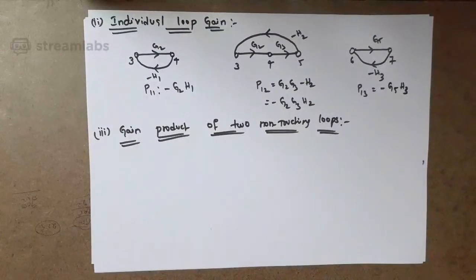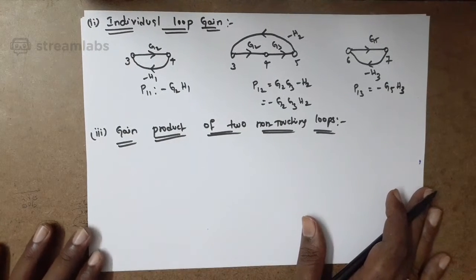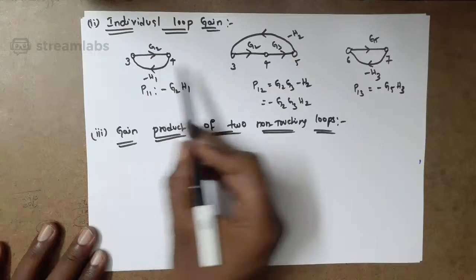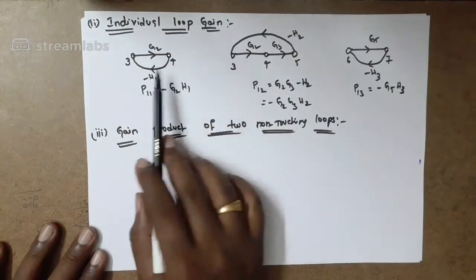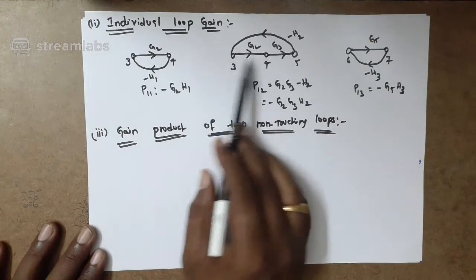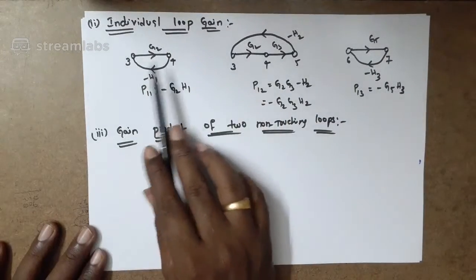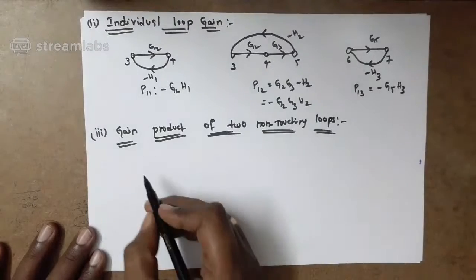We have three individual loops. Is there any non-touching loop here? 3, 4 and 6, 7 are a combination of two non-touching loops.